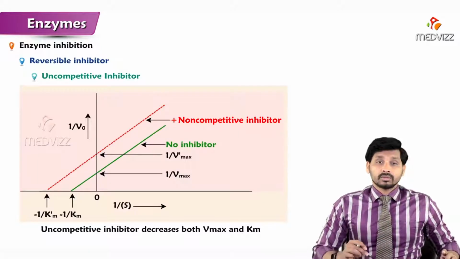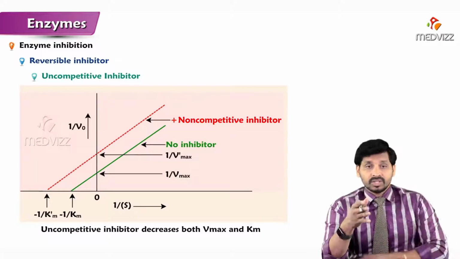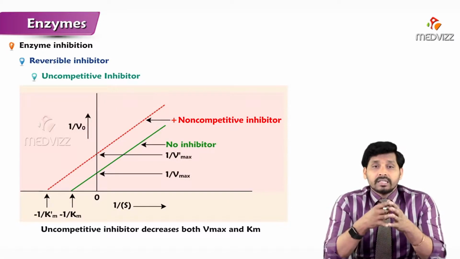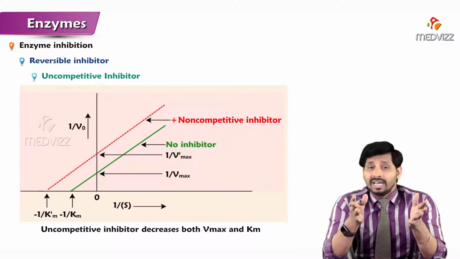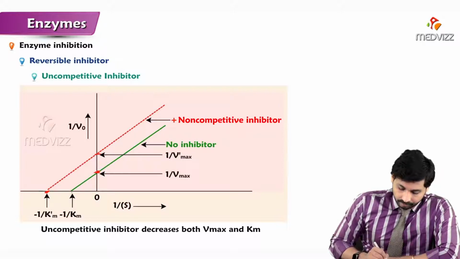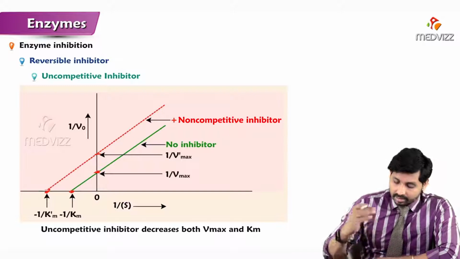So when you talk about the kinetics, as I mentioned, both the Vmax and Km values have been decreased. You see here, this is Vmax, and the Km value, both have been decreased.